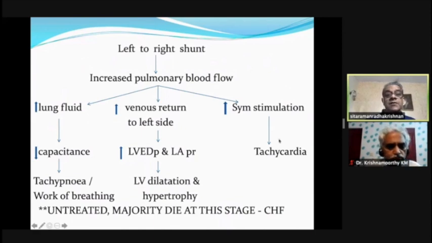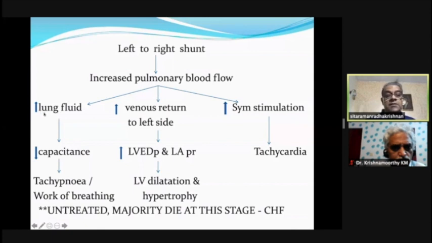So this is a chart which I am showing you, that when you have a left to right shunt, you have increased pulmonary blood flow. The pulmonary blood flow is more than the systemic blood flow. As a result of this, three things might happen.